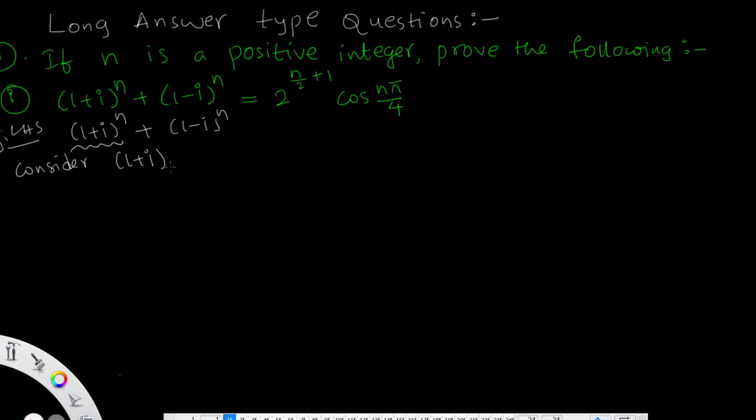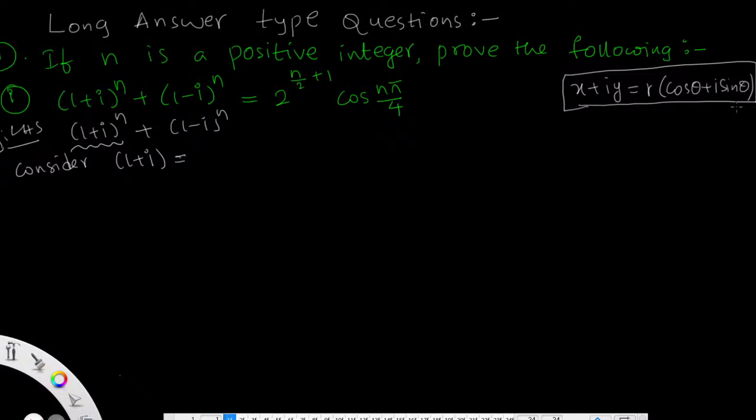So 1 plus i is a complex number. Any complex number x plus iy can always be written in the form r into cos theta plus i sin theta, where r is the modulus and theta is the argument. This is known as modulus amplitude form or polar form.